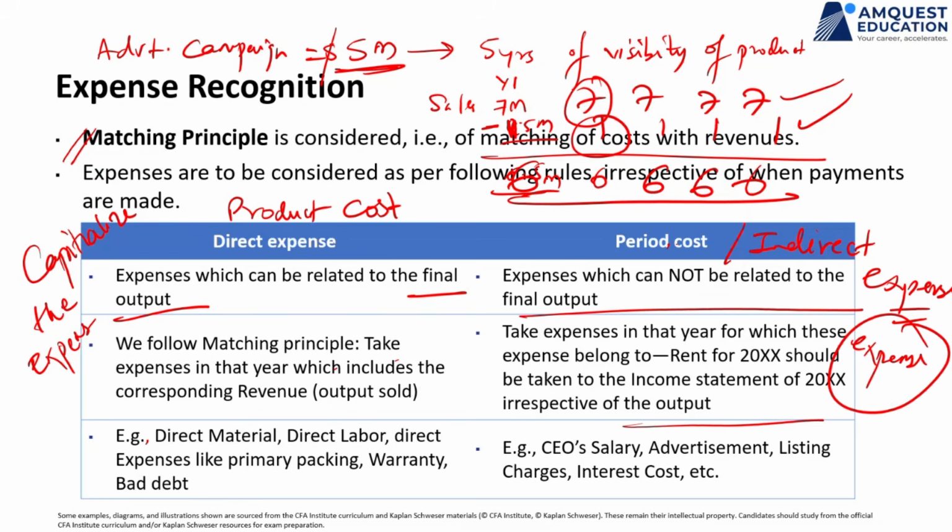They don't have to do the capitalization part as such, that is available for us to do. So we have to find what are indirect or period cost versus what are direct cost or product cost. And when we say capitalize, we are basically creating an asset on the balance sheet, and then we are gradually depreciating the asset.